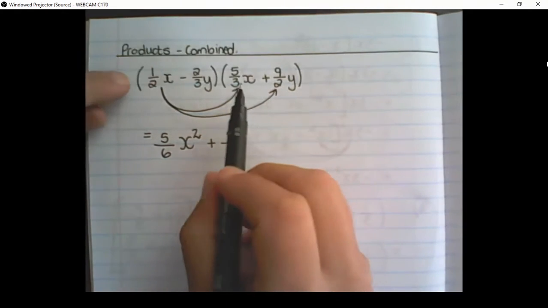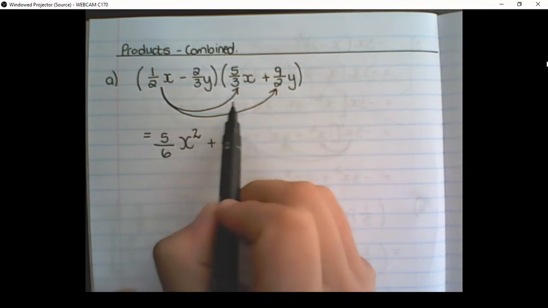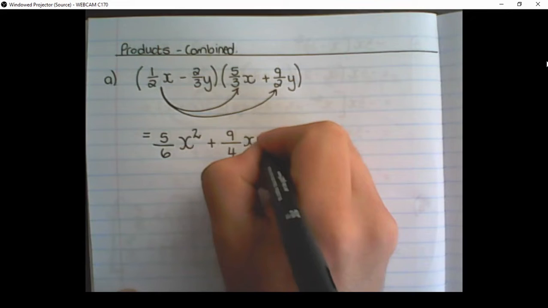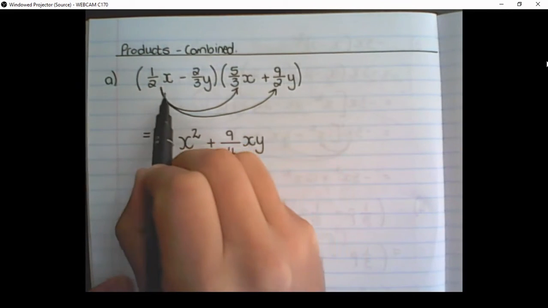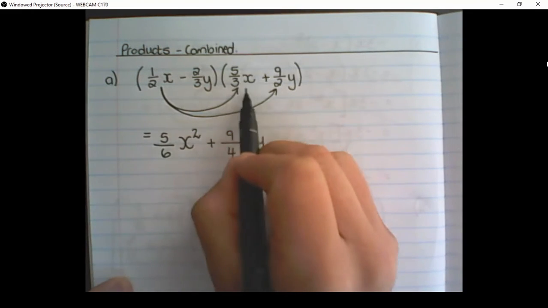And now the variables that we need to multiply is x multiplied with y, which is xy. Now we have multiplied the first term with everything in the bracket on the right.